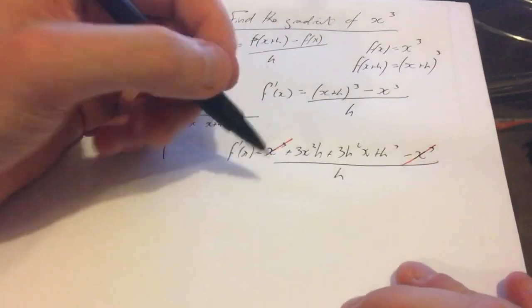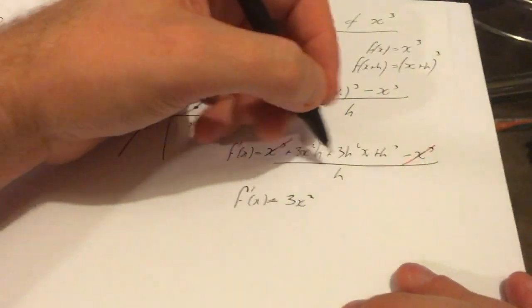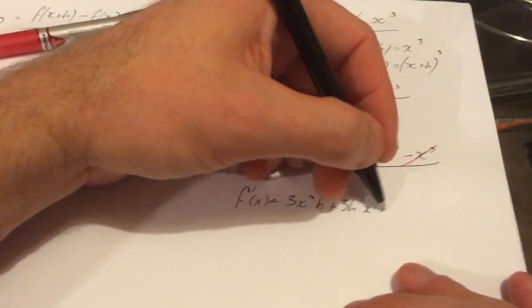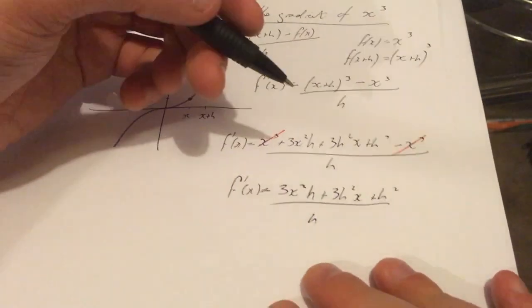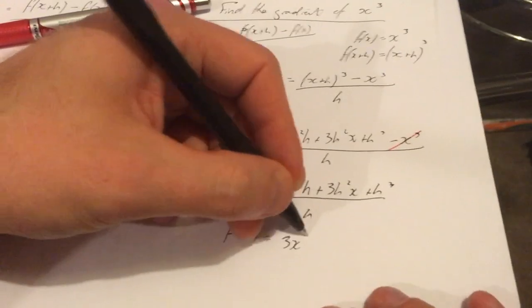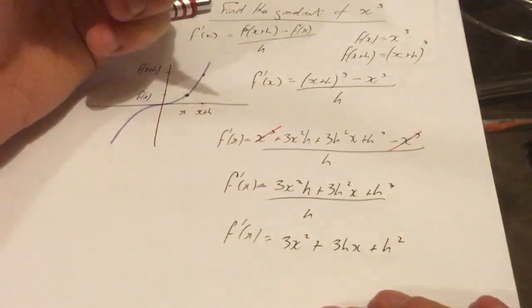So we got our gradient function 3x squared h plus 3h squared x plus h cubed over h. H is going to cancel a lot of these terms out. So we get f dash of x is 3x squared plus 3hx plus h squared.